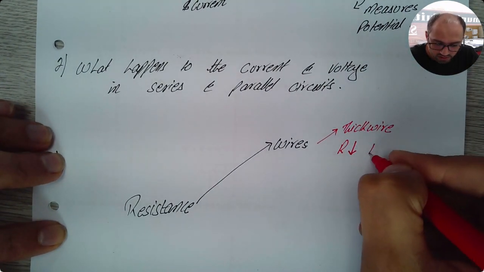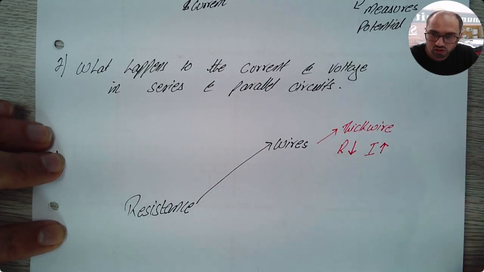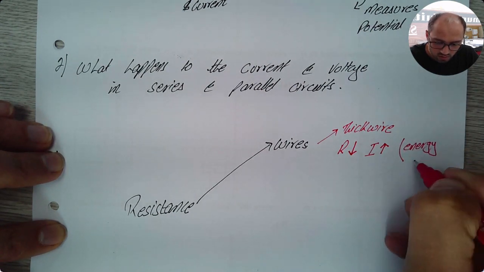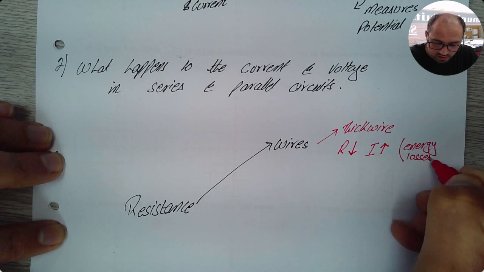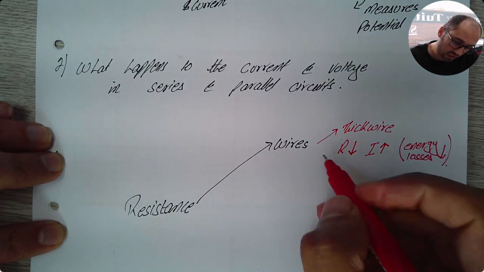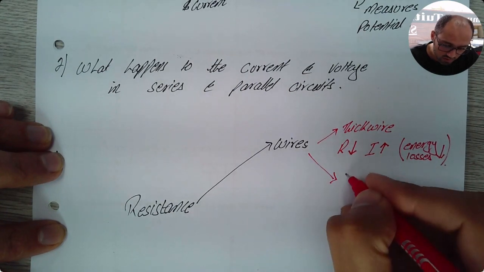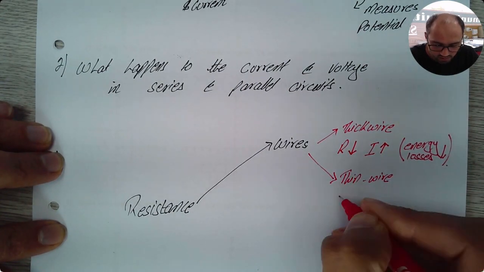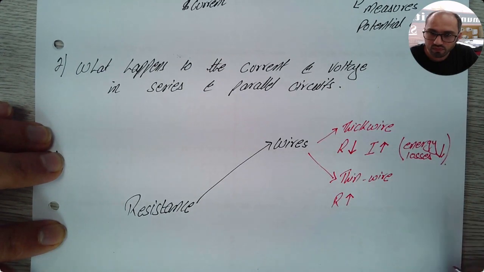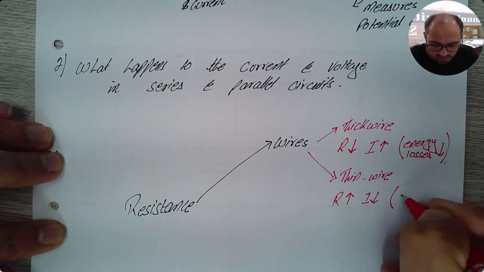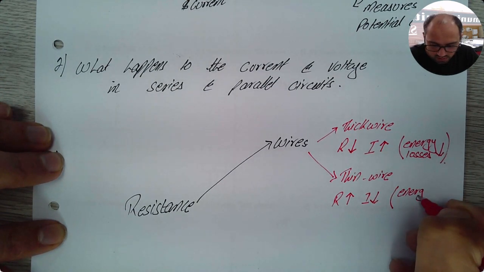You'll be able to carry more amount of current. Energy losses will be lower. Second option is I can use thin wire. If I use thin wire, then my resistance will be higher. It will carry less amount of current and energy losses will be more.